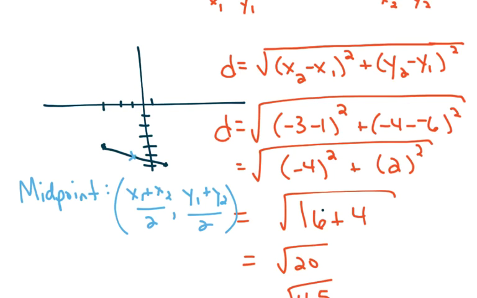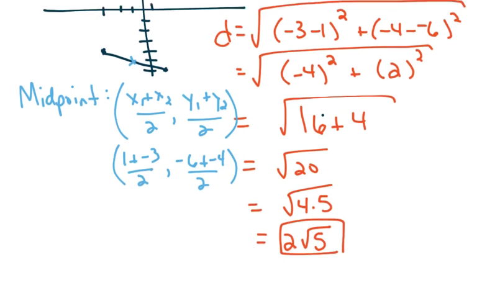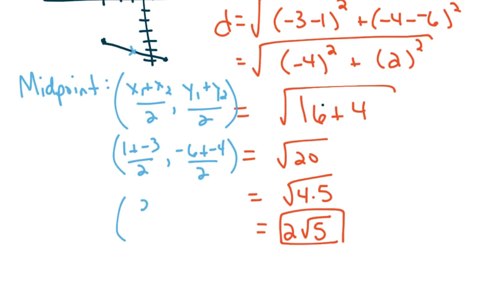It's whatever point is smack dab between those two on a line segment drawn between them. So (1 plus -3) divided by 2 and (-6 plus -4) divided by 2. I'm going to get -2 over 2, and I'm going to get -10 over 2, so it turns out that the midpoint is at (-1, -5).